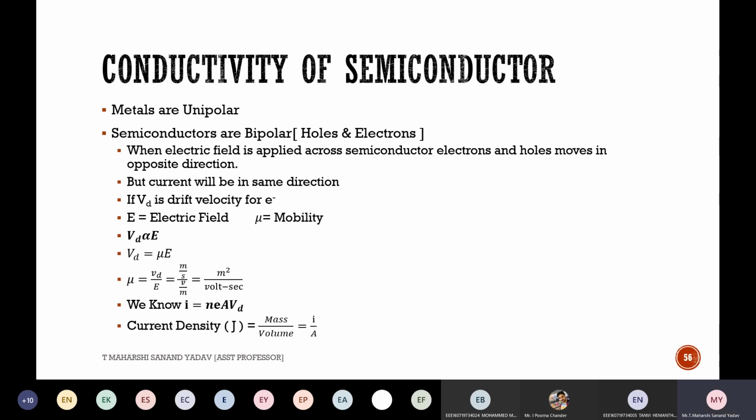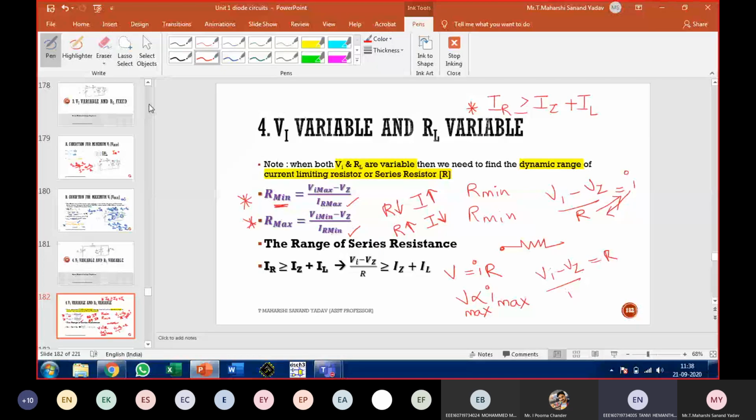So these are the 4 cases of analyzing the Zener diode as a voltage regulator. Mostly you need to concentrate on solving problems for these 4 cases. How many cases have we discussed? When both are fixed. Next, RL is variable and Vi is fixed.